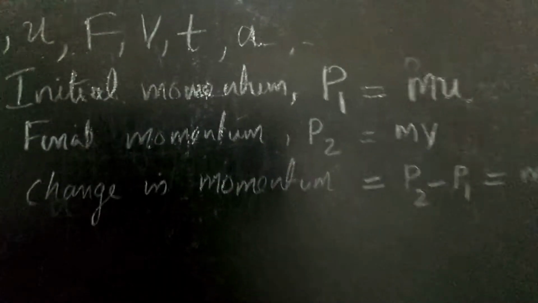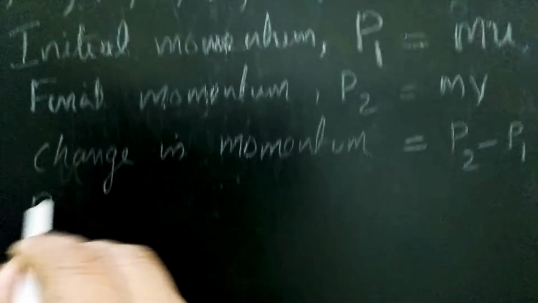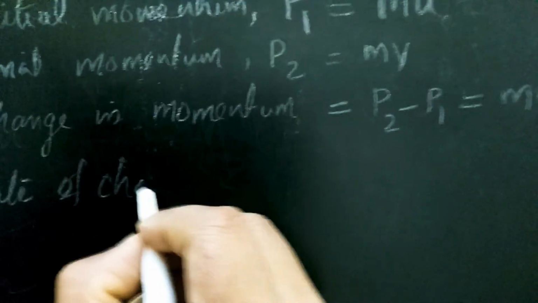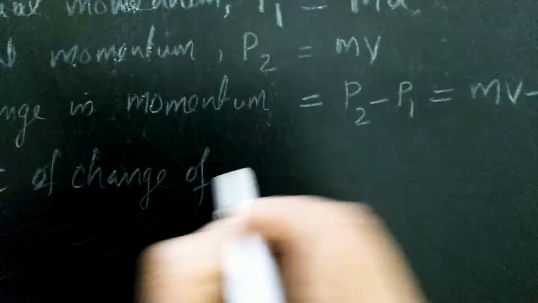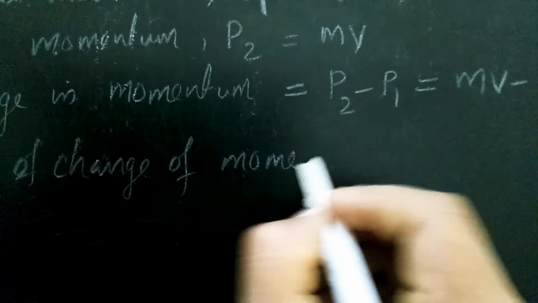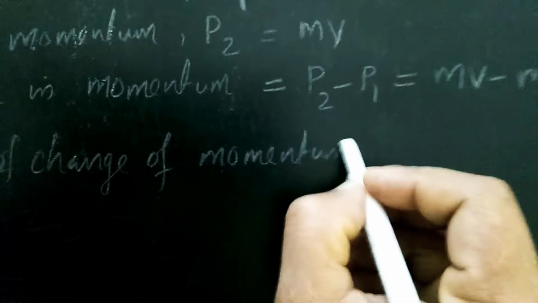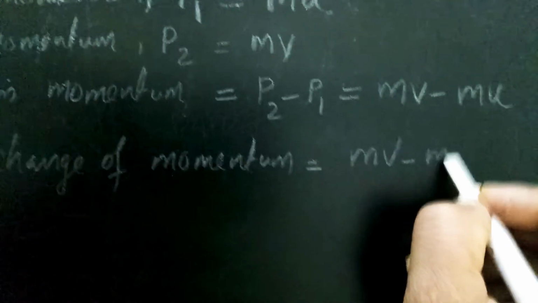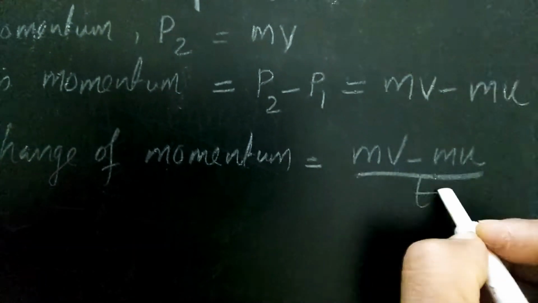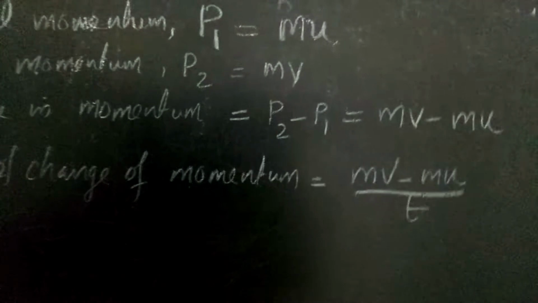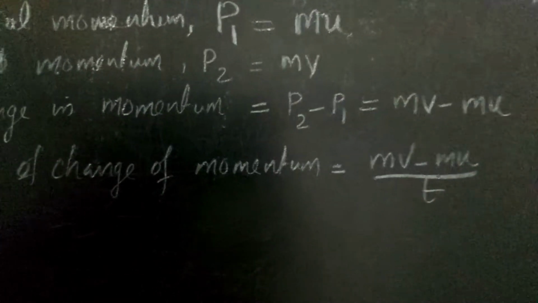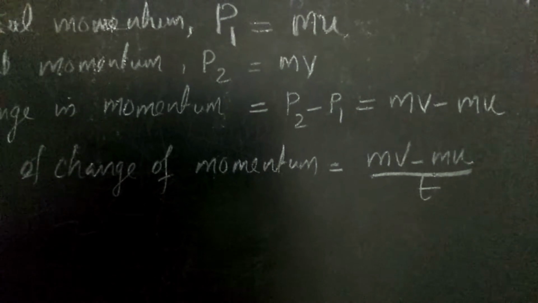Now the rate of change of momentum is equal to mv minus mu by t. Because we discussed acceleration, isn't it? The rate of change of velocity is acceleration, that means v minus u by t.